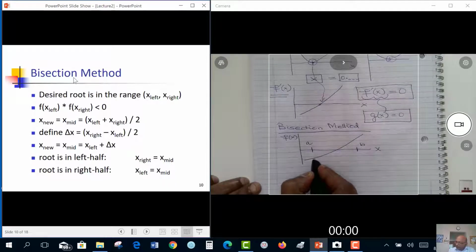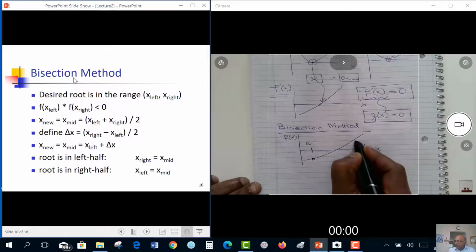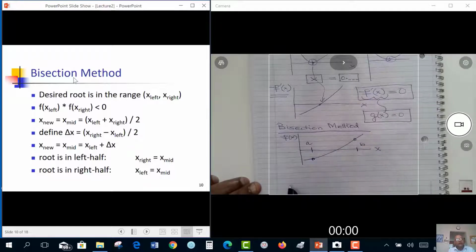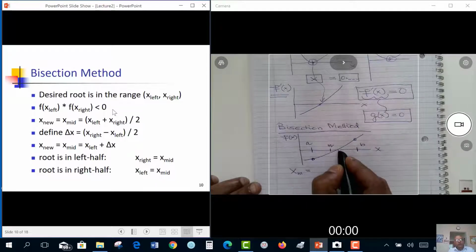Of course, the function at a, the left, is negative, and the function at b, the right, is positive. So the function at left times the function at right is less than 0. So what we do is we find the midpoint. This midpoint is going to be left plus right over 2. This is our x left, this is our x right.